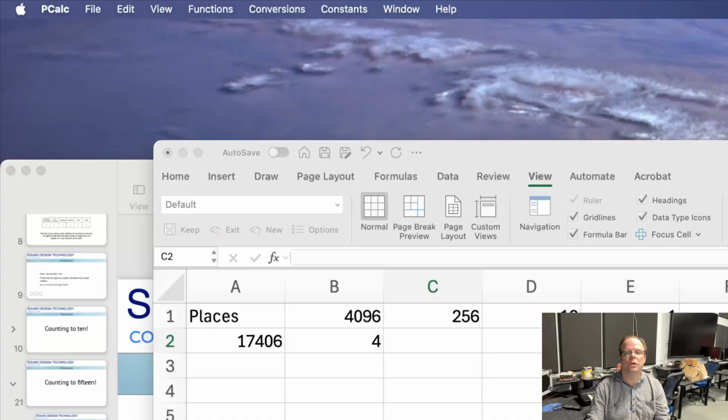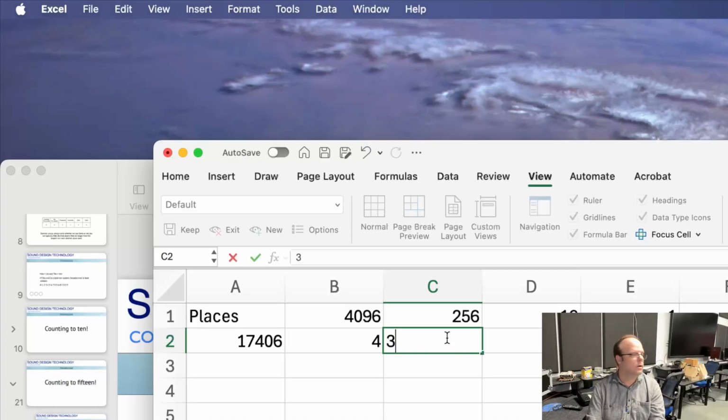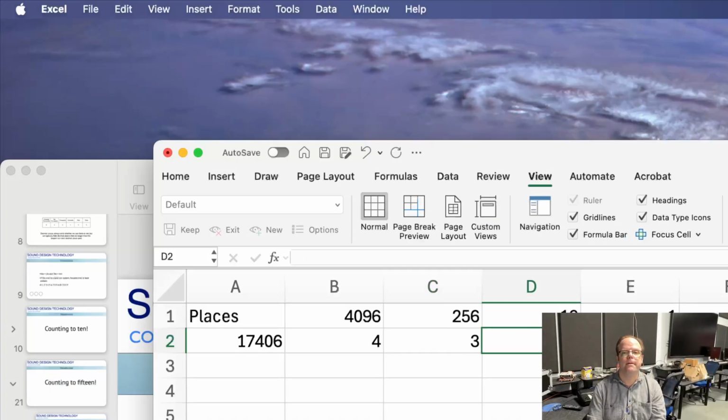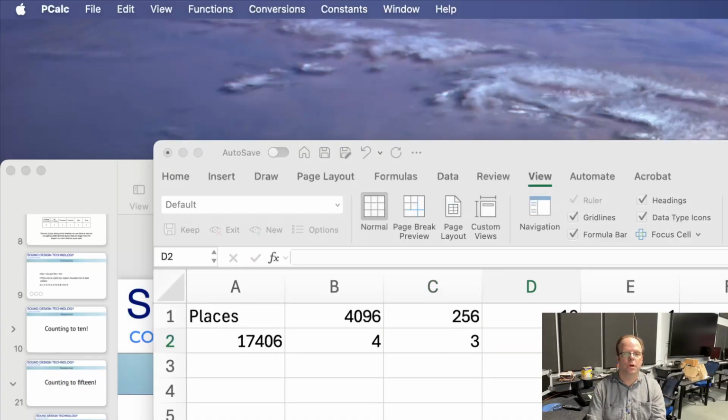All right, how many 256s can I get in 1,022? I take 1,022 divided by 256. 3.99. So I can get 3 of those in there. What is 3 times 256? 768. Okay.